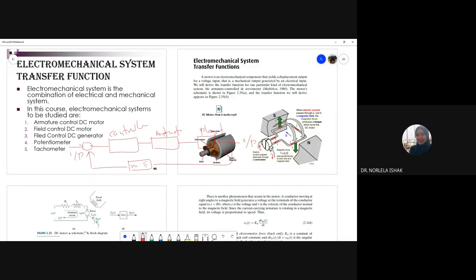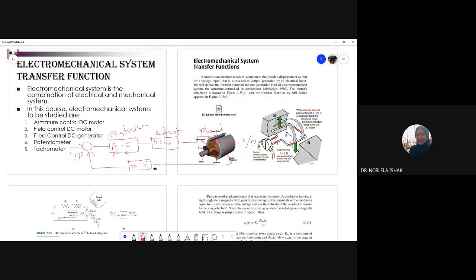So from here, I want to control the DC motor, meaning DC motor is your actuator. It will receive the current from the controller. So this is your armature circuit or your field circuit here. And the actuator or the final control element is your DC motor. And the plant will be defined.